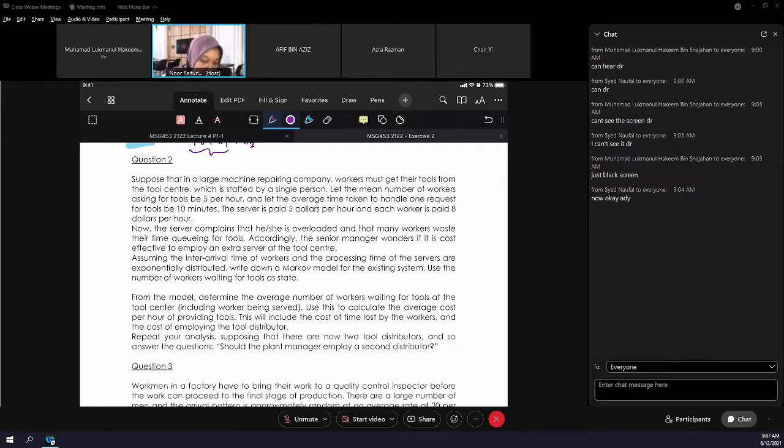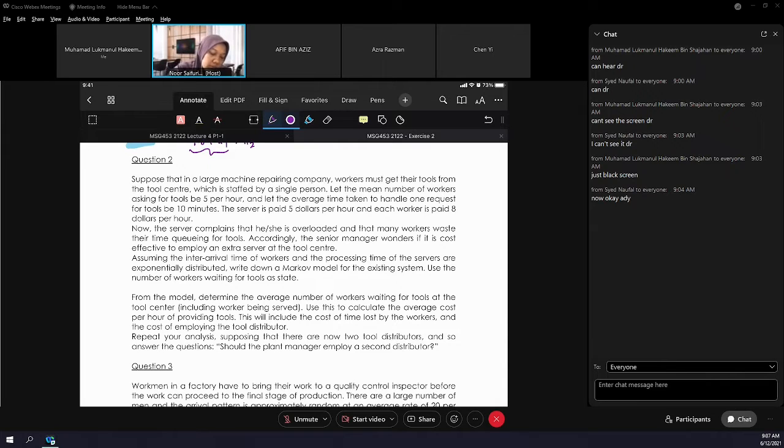The server is paid $5 per hour and each worker is paid $8 per hour. The server complained that he or she is overloaded, and many workers waste their time queuing for tools. So the senior manager wonders if it is cost effective to employ an extra server.